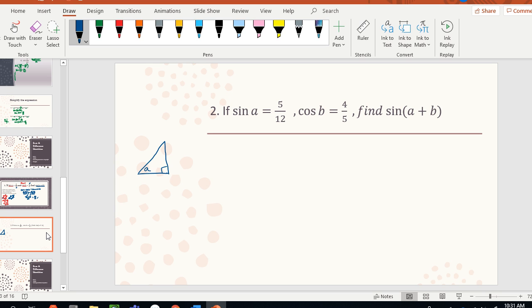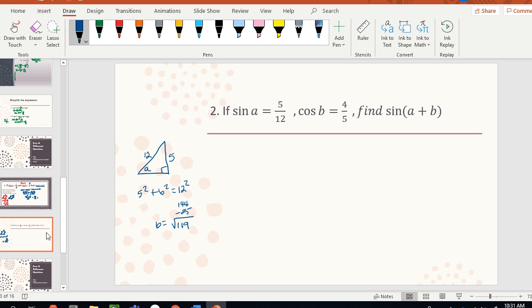Okay, so if this is A, we have 5 over 12, and if you do A squared plus B squared equals 12 squared, I'm at 144 minus 25. So B is equal to the square root of whatever this comes out to be, 119.